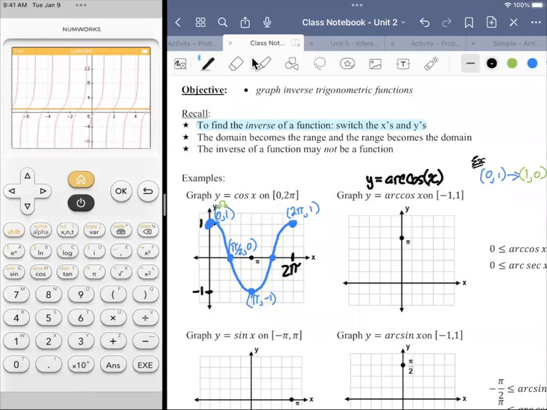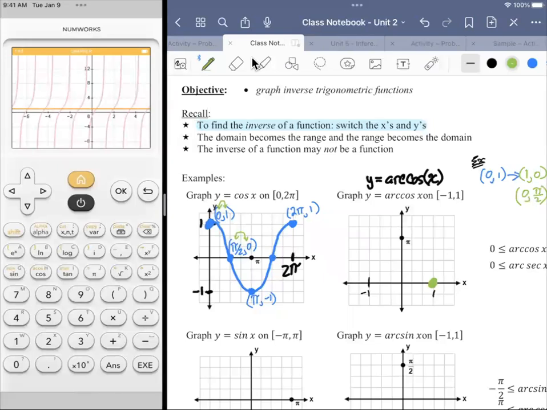By creating a scale similar to what I have on the other one, I'll put -1 here, +1 there. 1, 0 would be right at this location here. Then we'd switch these two, so we'd have 0, comma pi over 2.